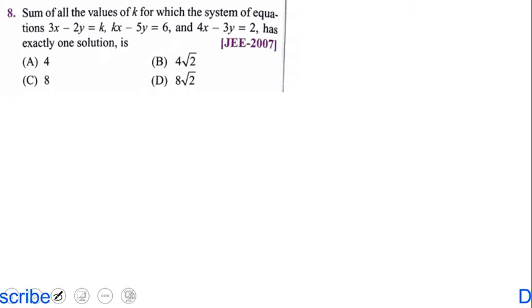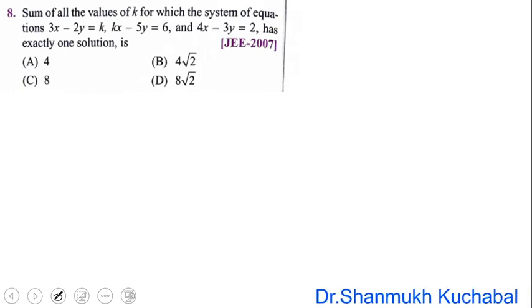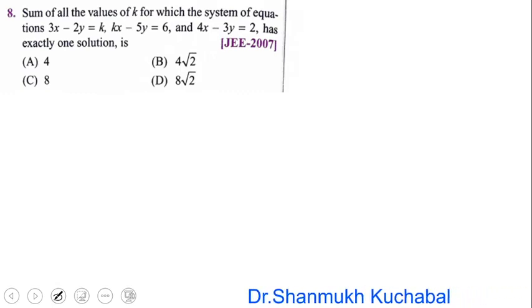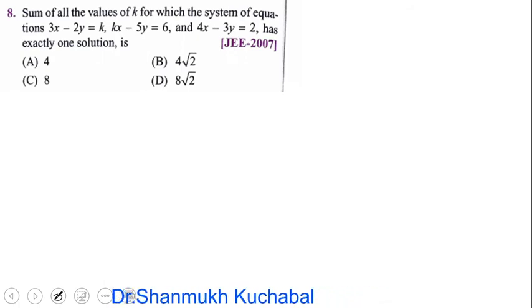Okay, we'll move to our next example. Example number 8. The question is: find the sum of all the values of k for which the system of equations, we have 3 equations, has exactly one solution. For this I am using the determinant notation. I am taking x, y and constant.